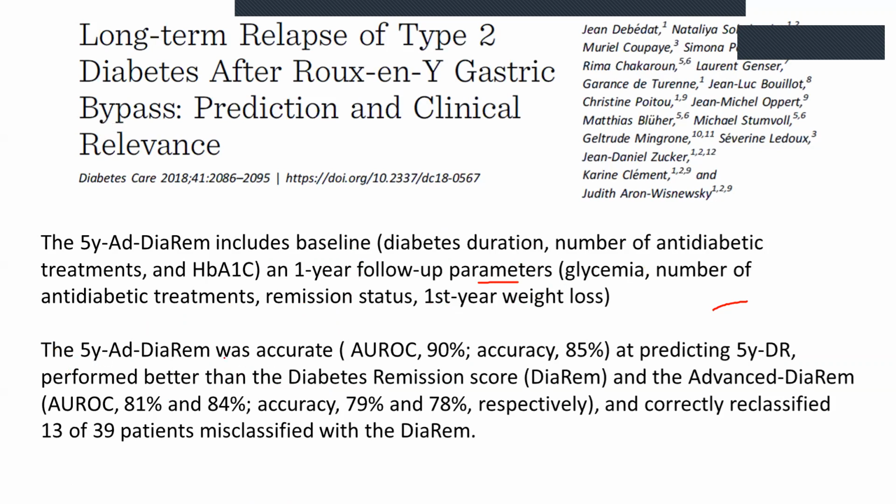And it was found the 5-year advanced DIREM was accurate. The area under the curve was 90% and accuracy 85% when compared with the DIREM and the AD-DIREM in predicting the remission at 5 years. It also correctly reclassified 13 of the 39 patients who were misclassified with DIREM.